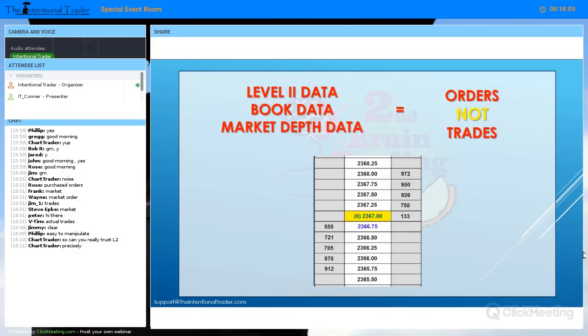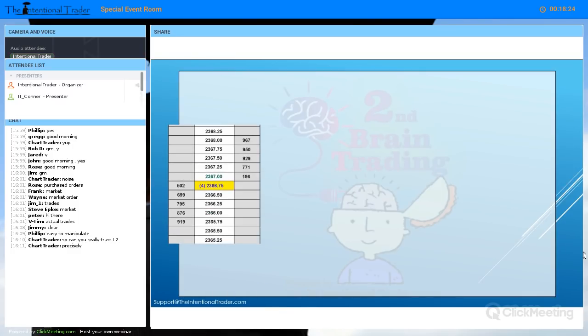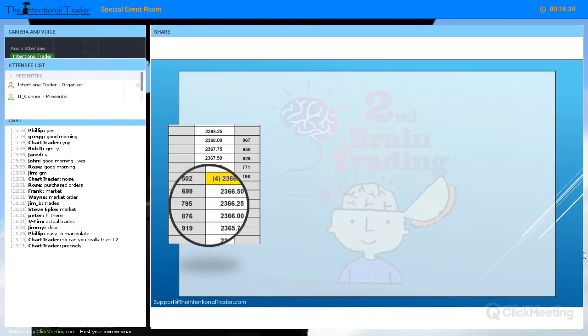So for those of you that just saw that on the screen, what did you see? I know those of you that were here on Thursday already know what you saw. What did you see? It was fast. I'm going to help you out here because we're going to move quickly. So you notice the numbers in the bid column, or buy column.